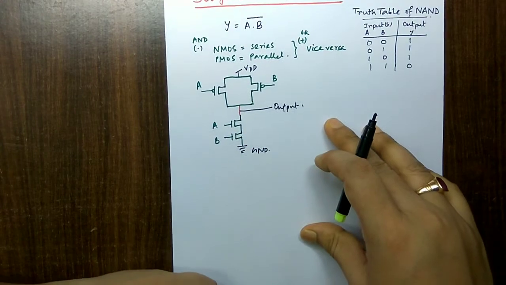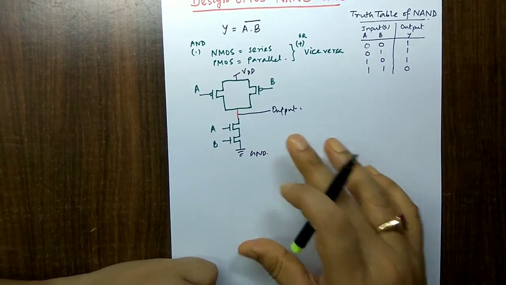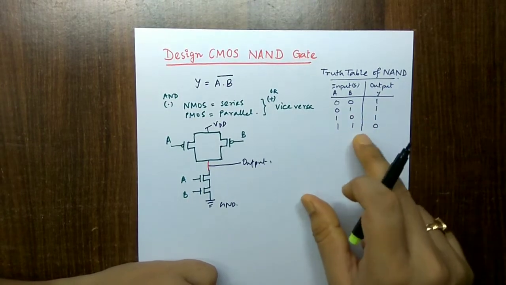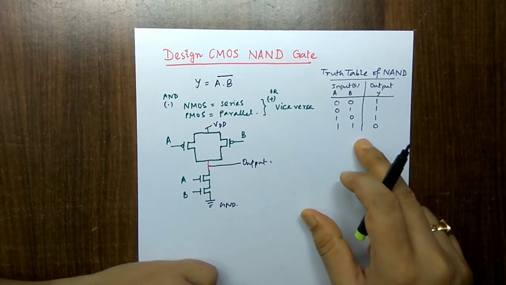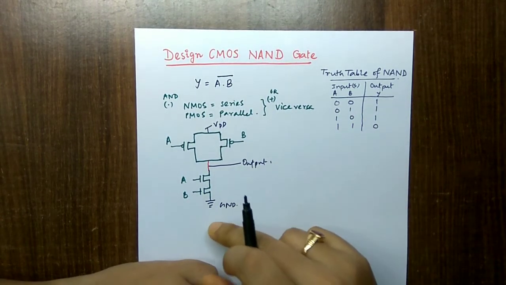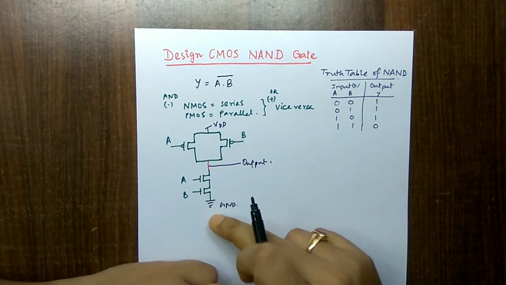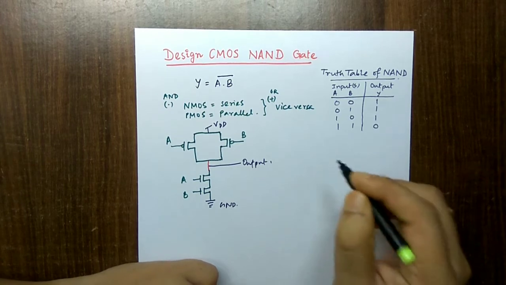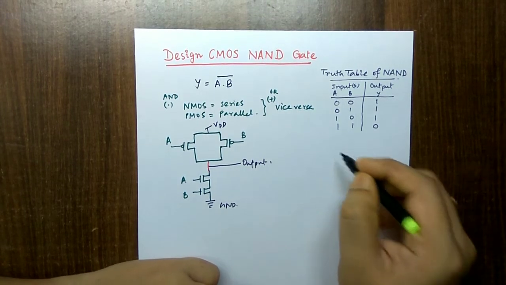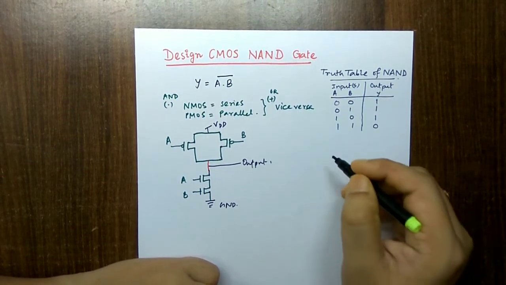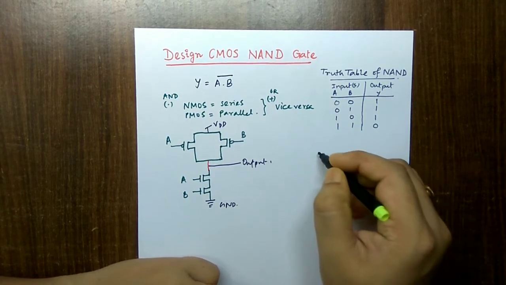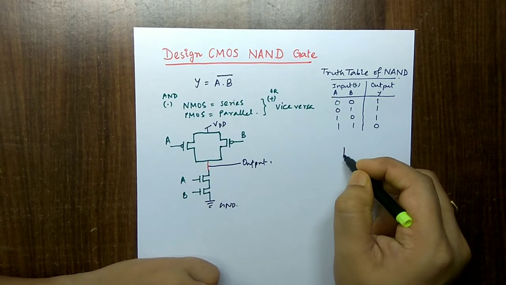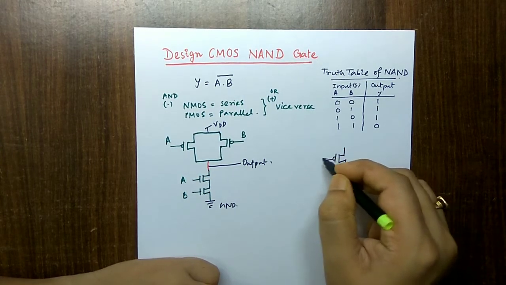Moving forward, today we are going to verify the truth table that we have studied in digital electronics, using this particular CMOS circuit. For that you need to remember one thing: if any PMOS is like this, this is the PMOS circuit.